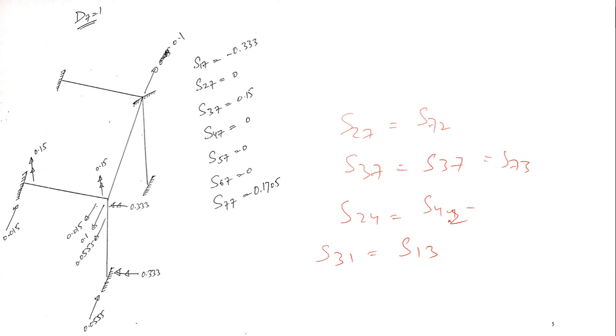So in other words, out of 49 values, most of them are identical. Out of 7 by 7, that is 49, the diagonal values have to be found out. So out of 42 off-diagonal values, you have to find 21 values, plus 7 diagonal values. So in total you have to find 28 values. All others would be found out.